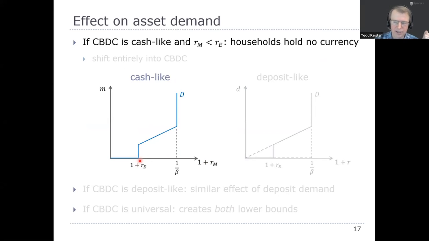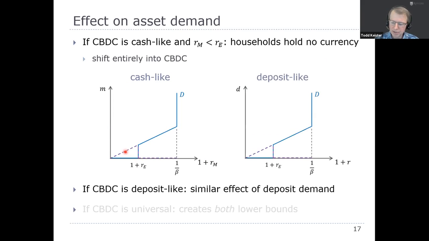Which is just to say, if the digital currency offers a better return than physical currency, I'm only going to hold the digital currency. If it offers a worse return, I'm only going to hold the physical currency. And the same thing is true if the digital currency is a substitute for bank deposits: the same thing is true for deposit buyers. They're just going to look at whichever offers the higher return. That's what they want to hold. And if it's a universal design, then it changes the demand of both types of buyers.